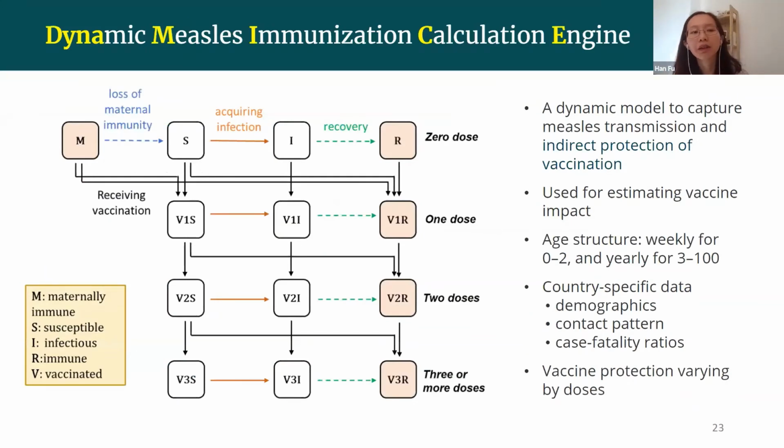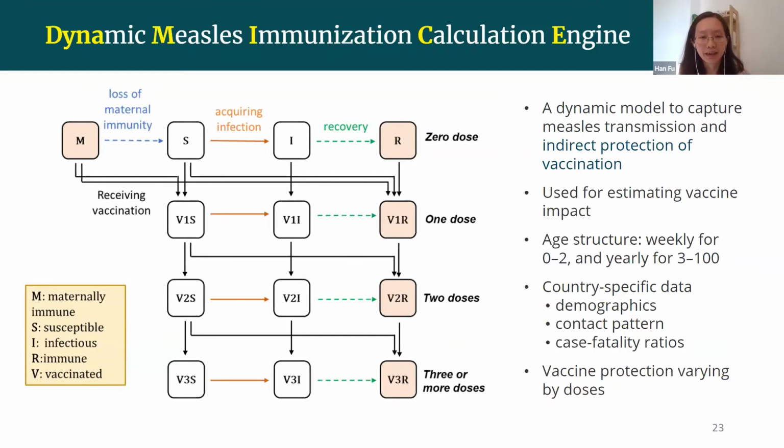The approach we're using is a dynamic model called DynaMICE, the Dynamic Measles Immunization Calculation Engine. This model was used for previous vaccine impact estimates for policymaking. Since it's a dynamic model structure, it's able to capture measles transmission and natural history, and also to capture the indirect protection of vaccination.